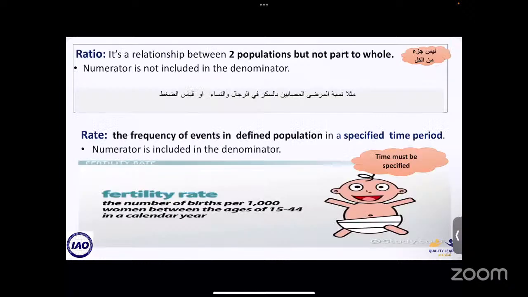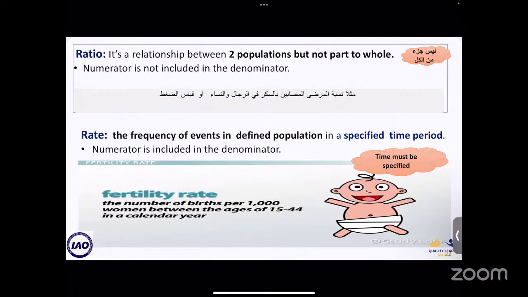Clear? Next is ratio. A ratio represents the relationship between two populations. But unlike a proportion, the numerator is not included in the denominator. So example, systolic to diastolic blood pressure. What is our numerator?